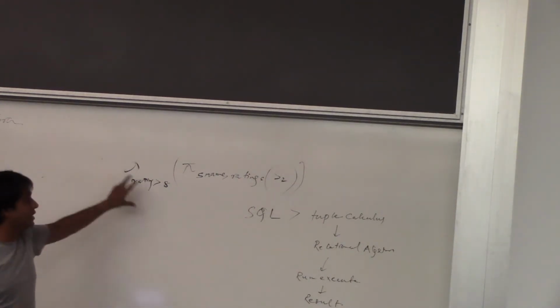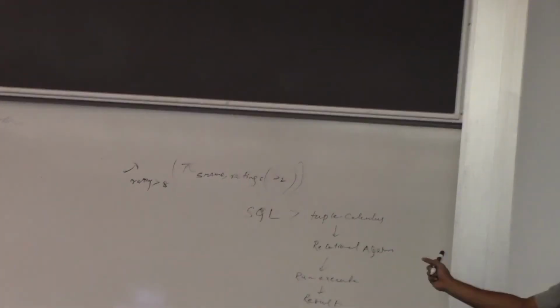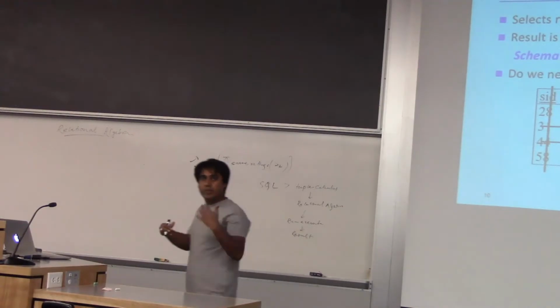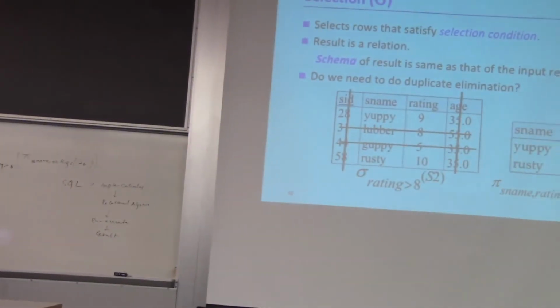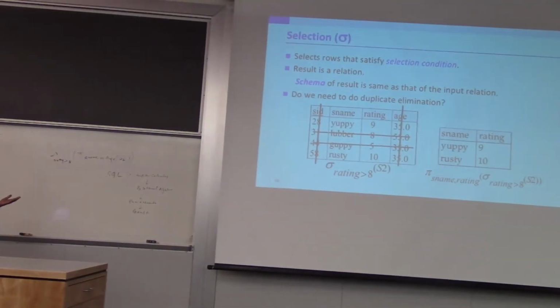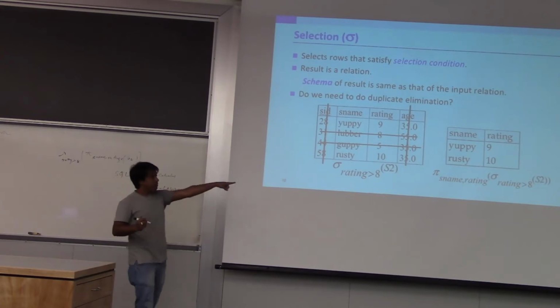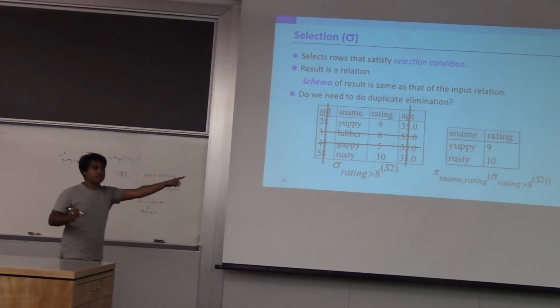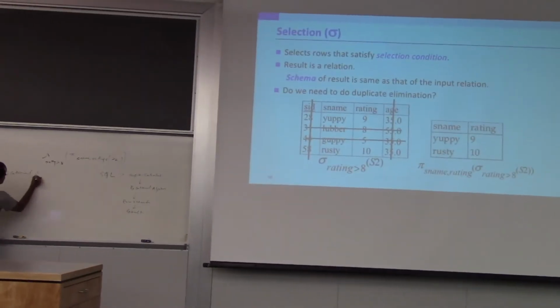When we say that this one and this one are the same because they give us the same relational instance at the end, we say that these are two relational equivalents. This expression and that expression are the same, and that gives us something called relational equivalence.